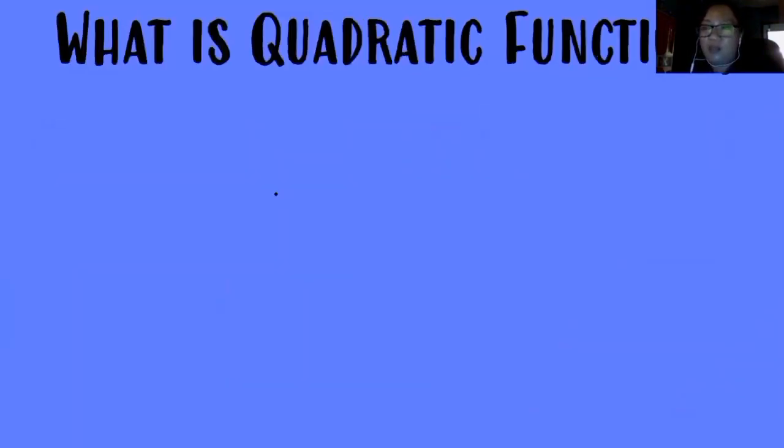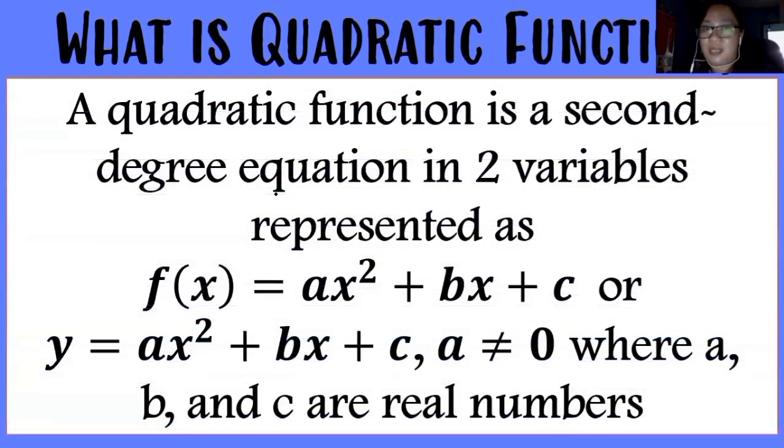Okay, so with that, what is a quadratic function? A quadratic function is a second-degree equation in two variables. This is the difference between a quadratic equation and a quadratic function, simply because a quadratic equation works with one variable only, while a quadratic function works with two variables, and they are represented as f of x is equal to ax squared plus bx plus c, or y is equal to ax squared plus bx plus c.